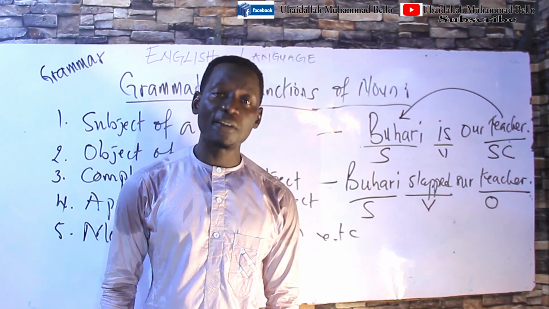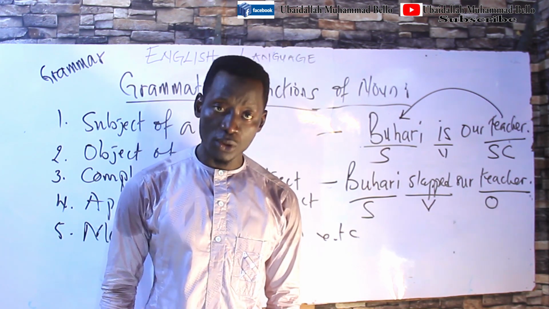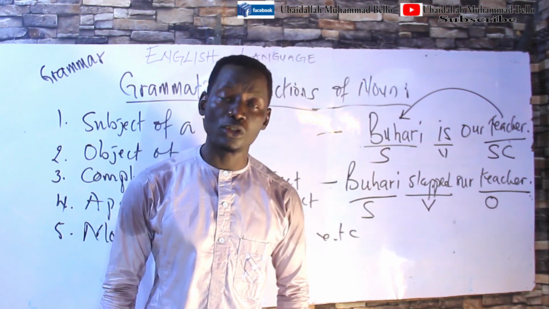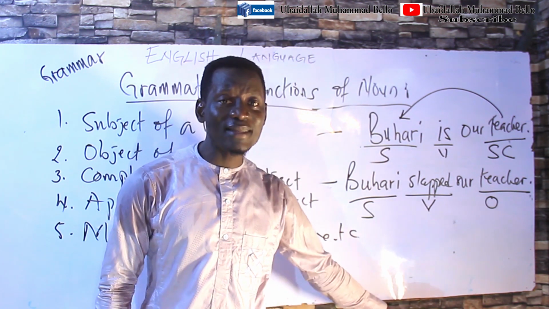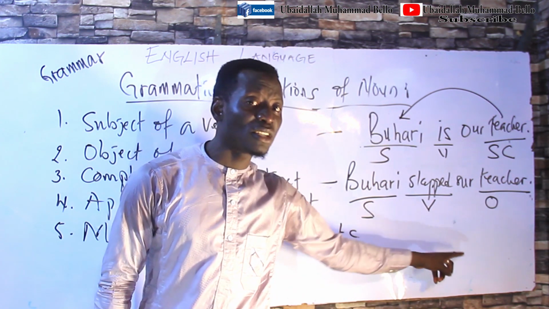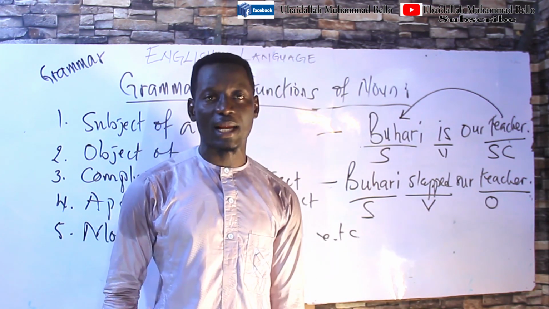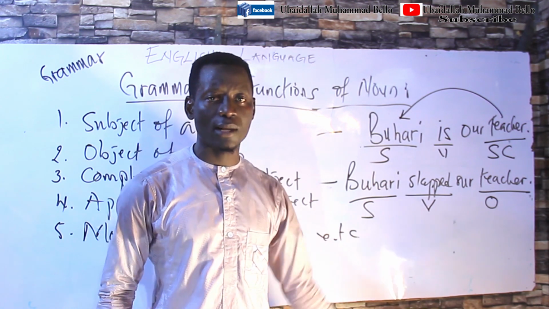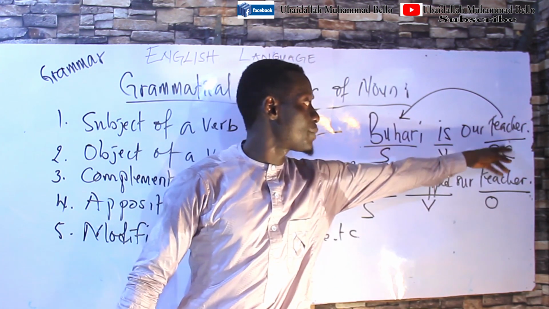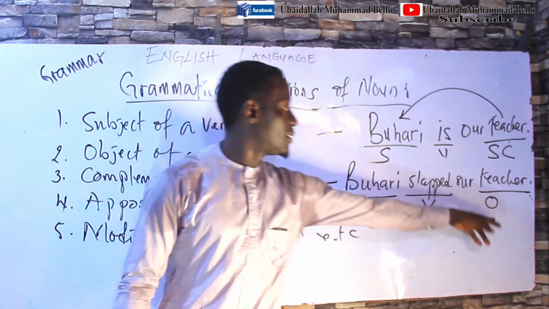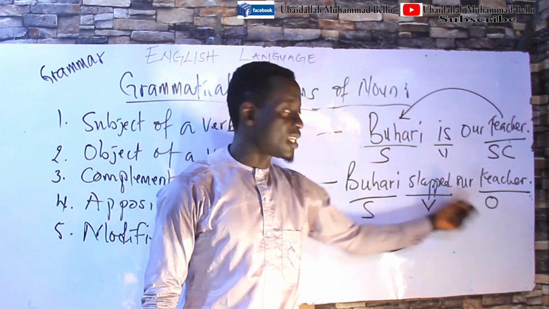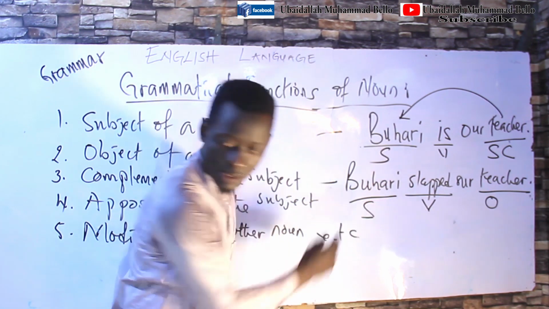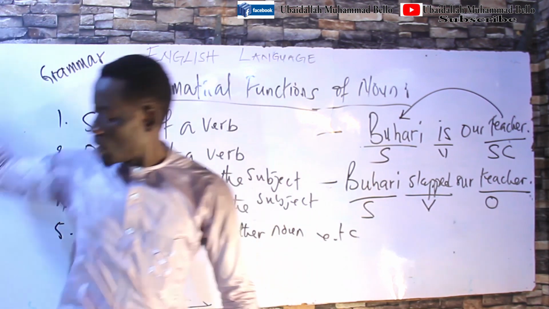No. I repeat, you have to be very, very painstaking in realizing the operational function of that word before you can classify it. In these two examples, this one is subject complement as teacher, and the teacher here too is not subject complement, but what? Object of the verb, slap. Okay.